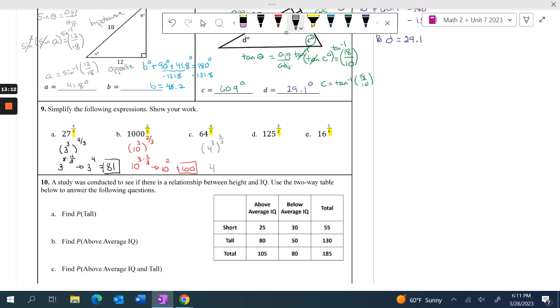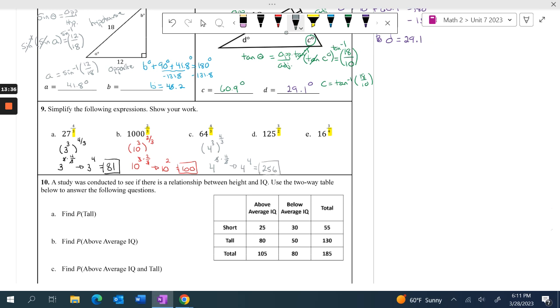I keep the base of 4. I multiply the 2 powers together, the 3 with the 4/3. Those 3's would cancel out. This becomes 4 to the 4th power, and then you figure out what 4 to the 4th power is equal to, which is 256. So C works out to 256.